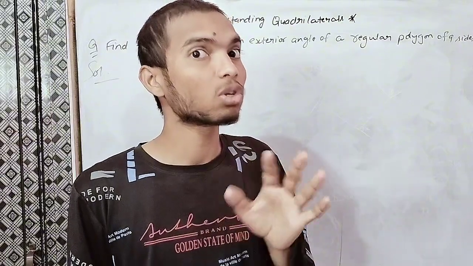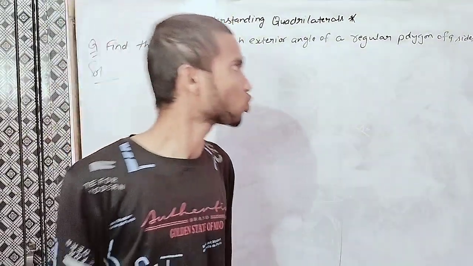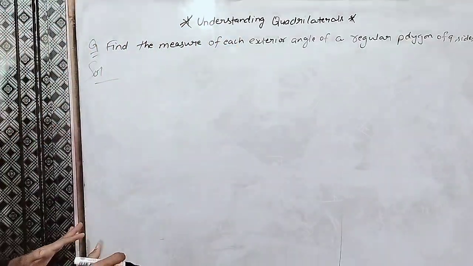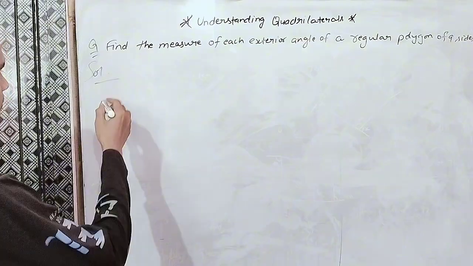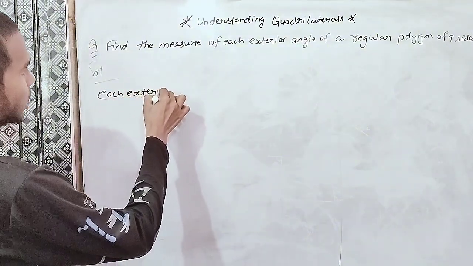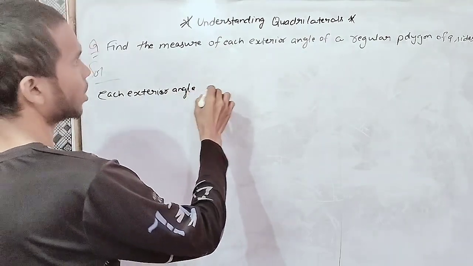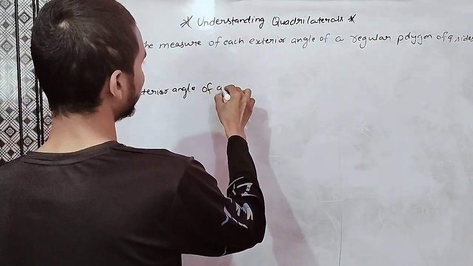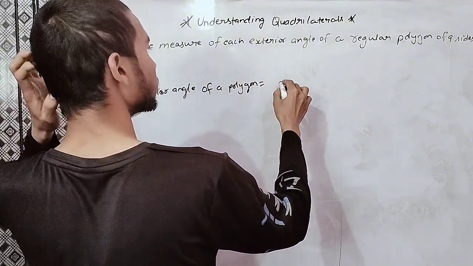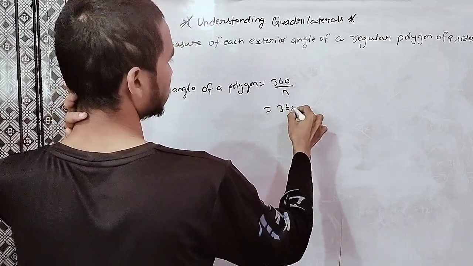So can we say this is next to an octagon? Each exterior angle of a polygon: 360 divided by n.